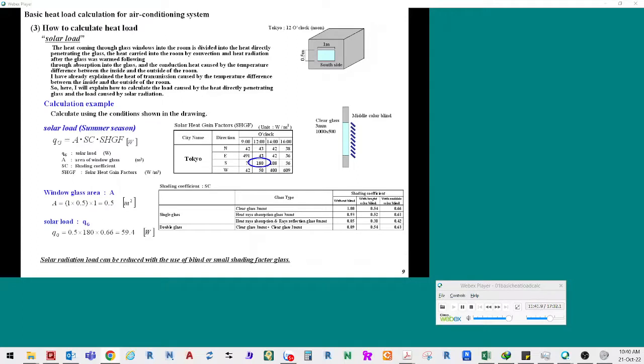The glass is transparent. The thickness of the glass is 3 millimeters. Since neutral-colored window shades are used, select 0.66 for the shading coefficient of the window area. You will get 59.4 watts as the solar load.